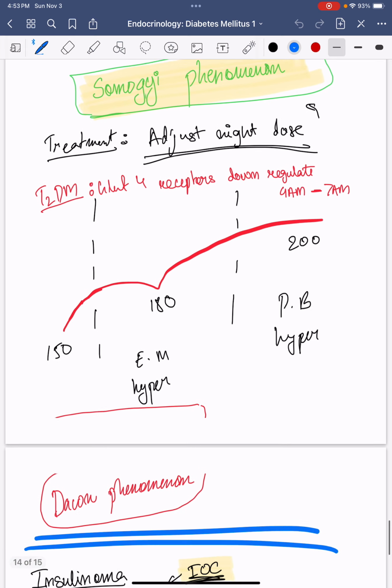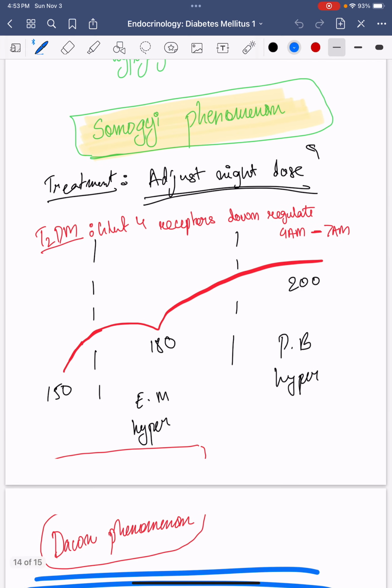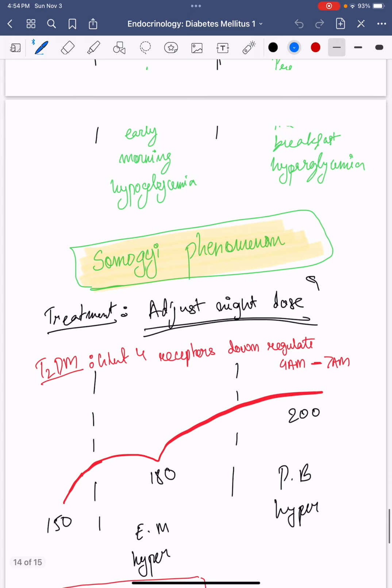In the dawn phenomenon, in type 2 diabetes mellitus, the GLUT4 receptors are down regulated between 4 a.m. to 7 a.m. So in dawn phenomenon, the blood sugar values will keep on rising, so there will be early morning hyperglycemia and also pre-breakfast hyperglycemia.